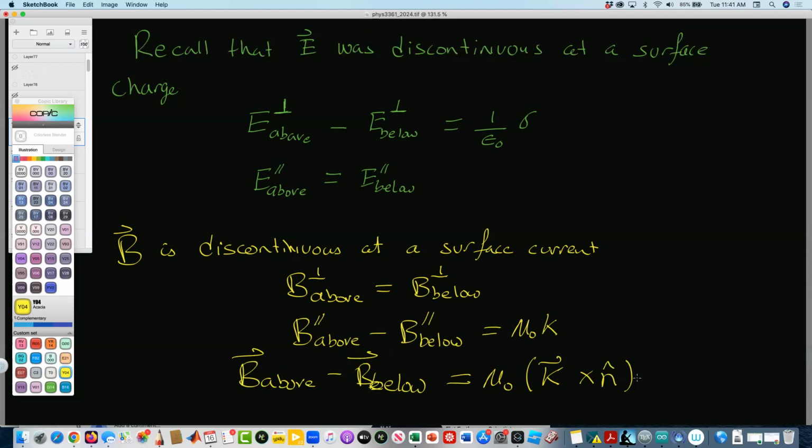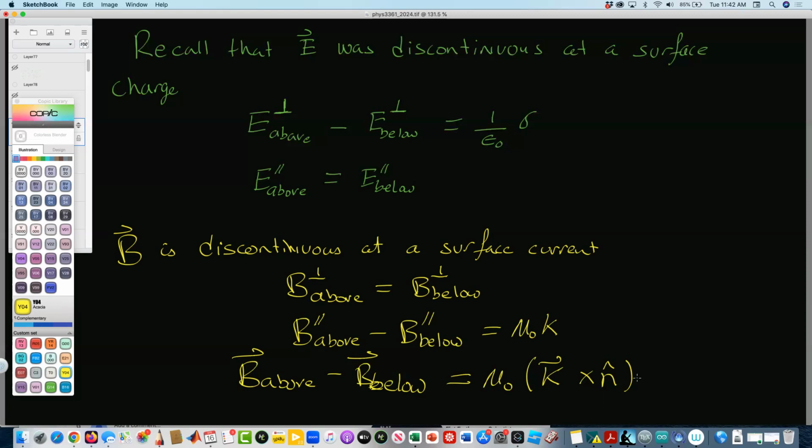Remember, n was that vector perpendicular to the surface. Okay. So does this make sense that this would give you those two things above? Is it the way the cross product works? Yeah, okay. All right.